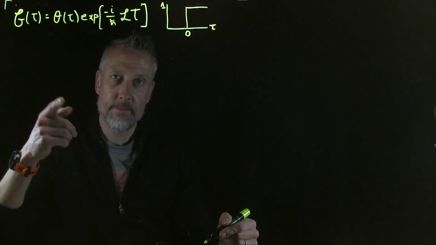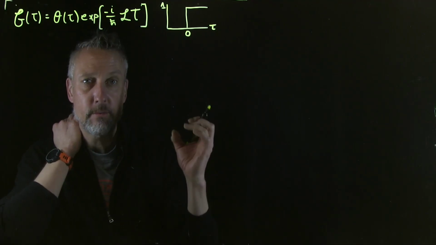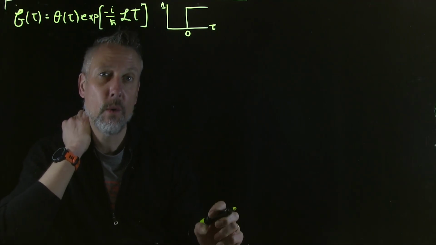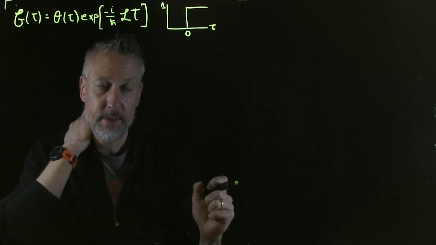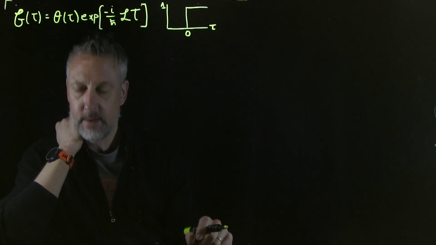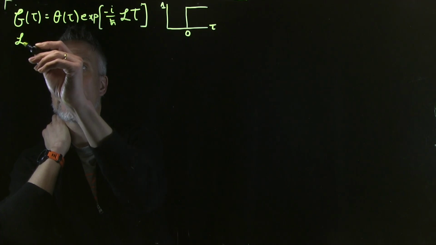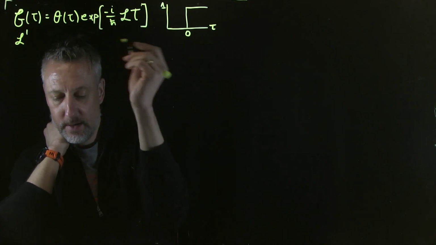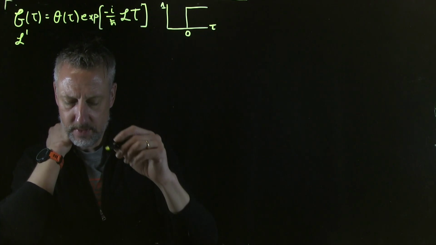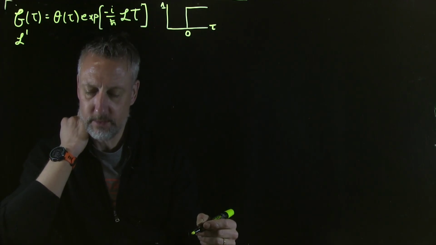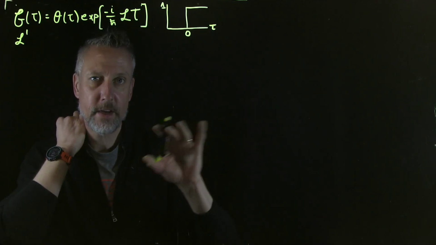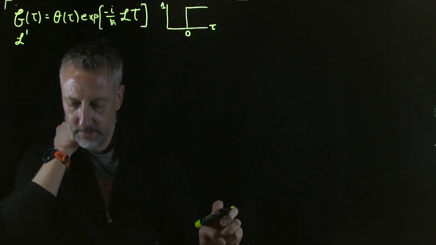Now, here's the plan. We're going to get precise about what the interaction Hamiltonian is, what the H primed is. And we're going to call this interaction, well, I called it L primed in my notes. I think maybe Mukamel calls it L int or something like that. I'm just trying to keep the notation as similar as I can across the other things.